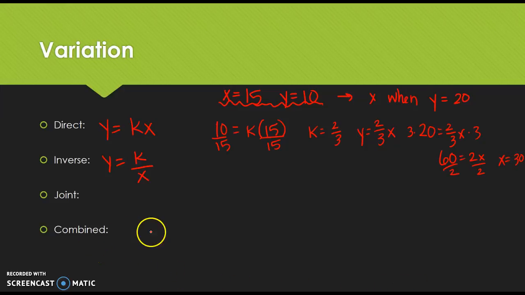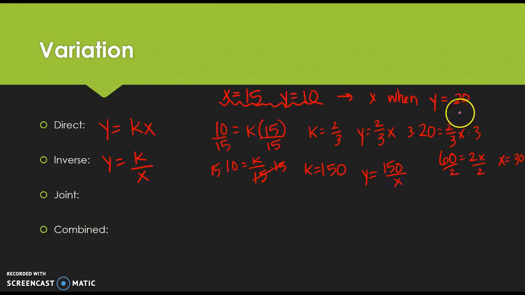Okay, inverse variation means that I would do the same steps, but with this equation of dividing instead of multiplying. So I would say 10 equals k divided by 15, multiply by 15. k equals 150. Then I have y equals 150 divided by x.